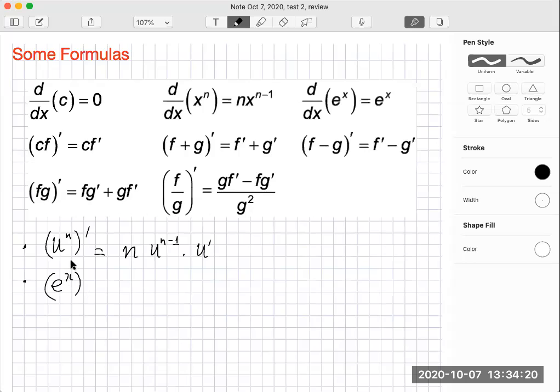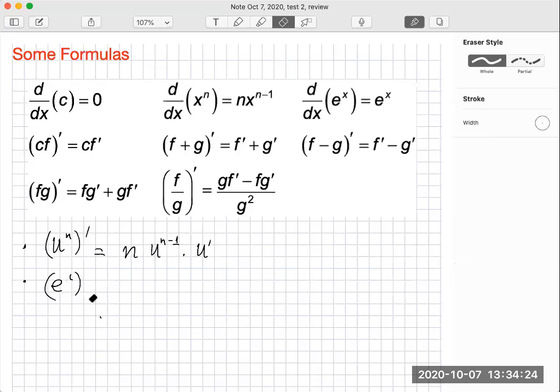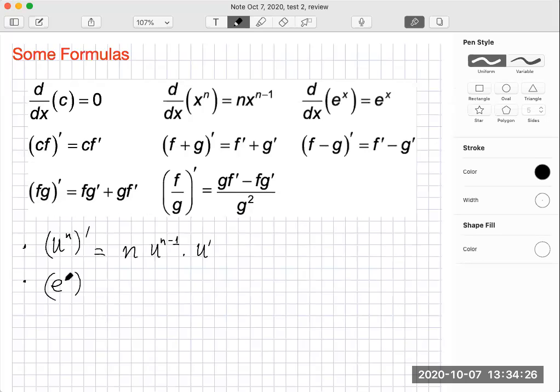So we need to compute the derivative of e to the u. If u is a function of x, it is u prime e to the u, okay?